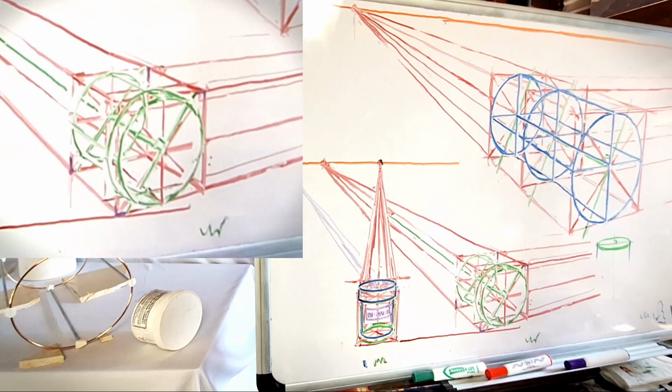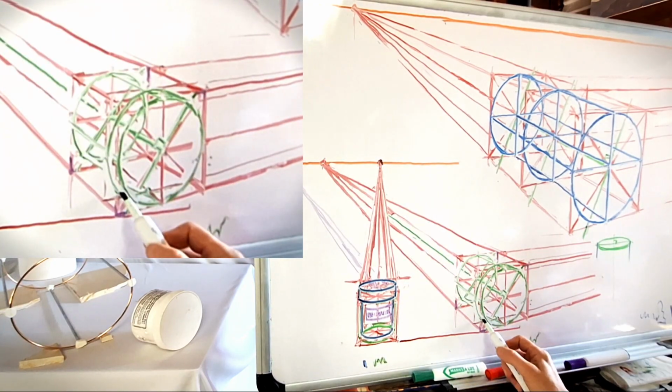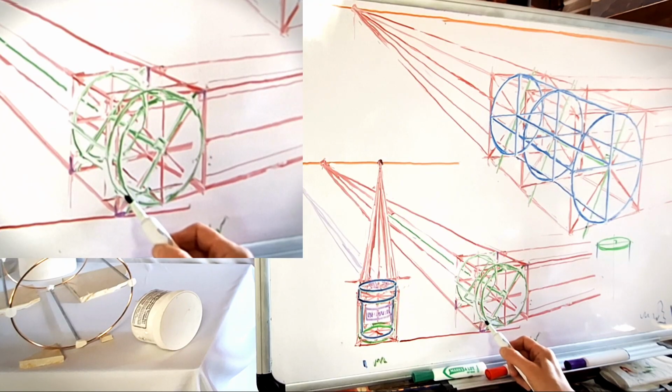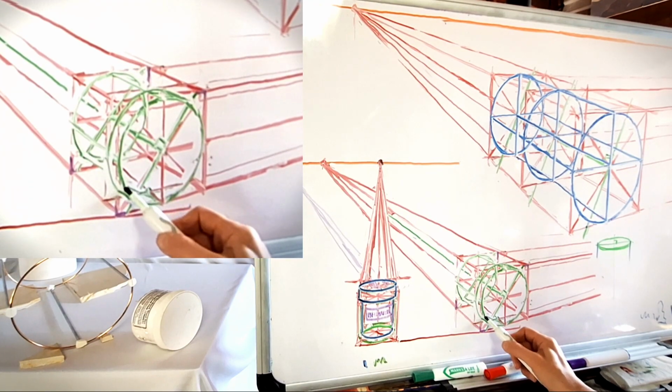That is the edge of the pillbox. That straight line has to be pointing to the vanishing point. Okay.